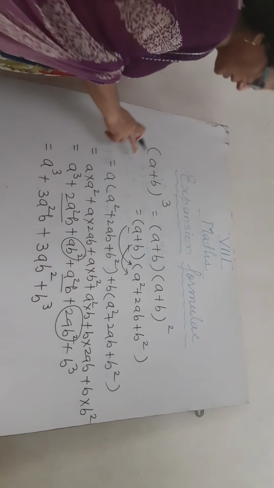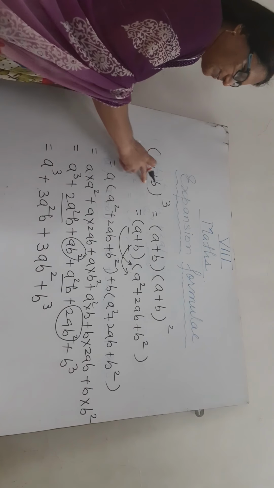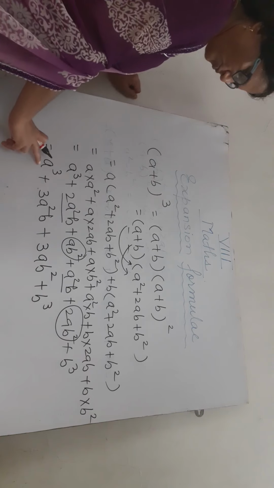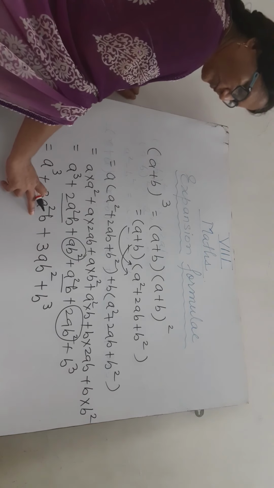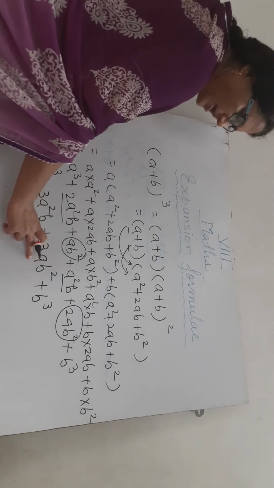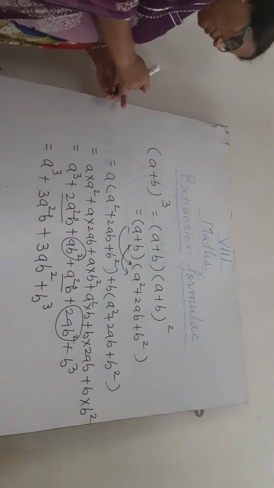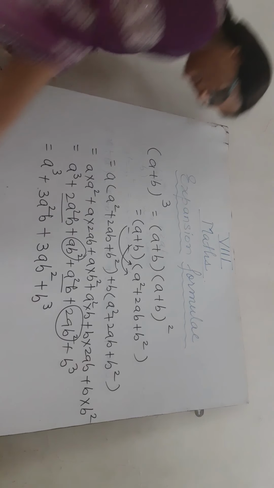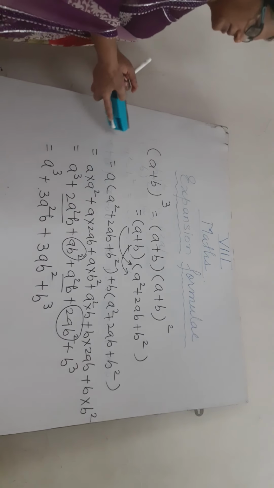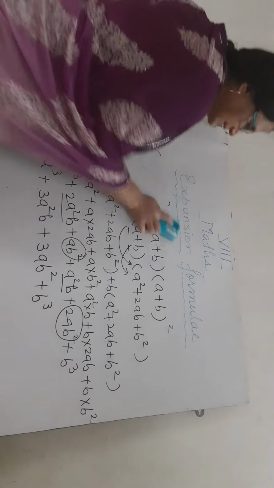This is the expansion of (a plus b) whole cube is equal to a cube plus thrice a square b plus thrice ab square plus b cube. Understood? Now we will see the examples based on this expansion.